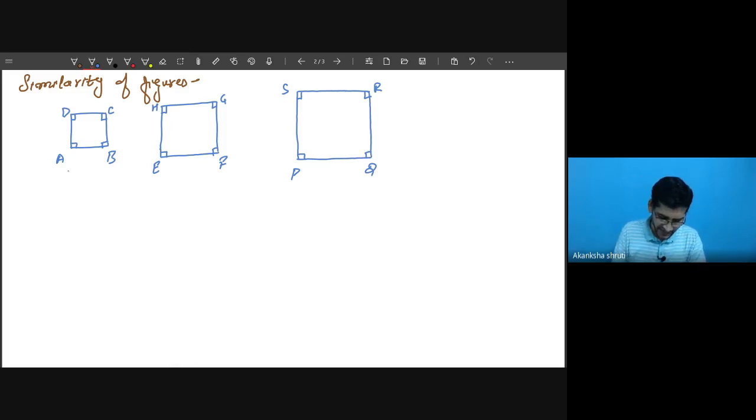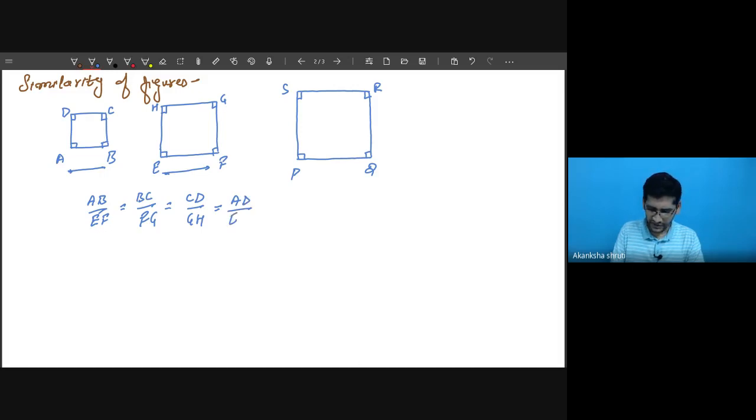Another, the side ratios: whatever AB by EF you will get, if you take this length as AB and similarly place it here, EF, this will be the same as whatever BC you take and FG you take, and CD you take and GH you take, the DA or AD you take, and EH you take.